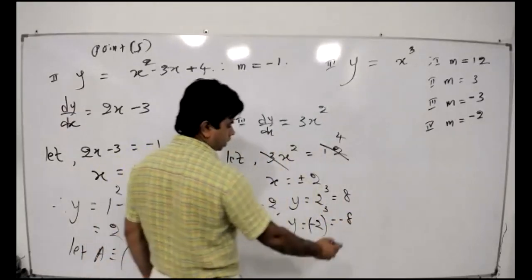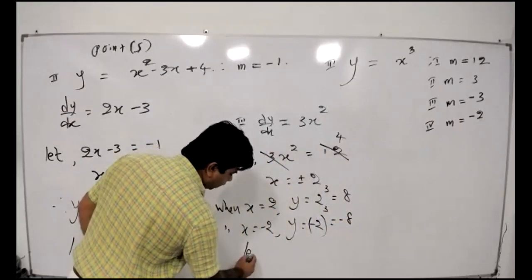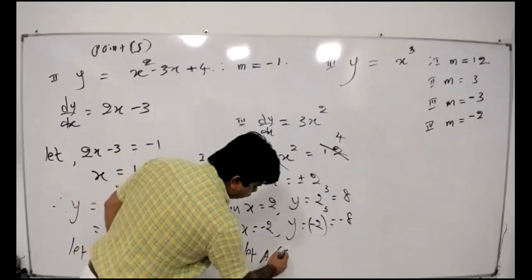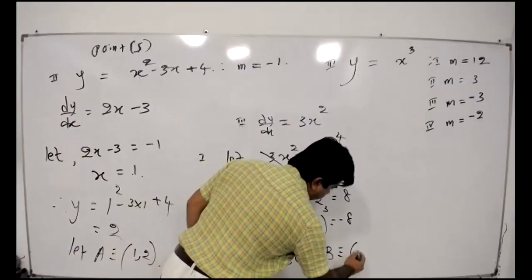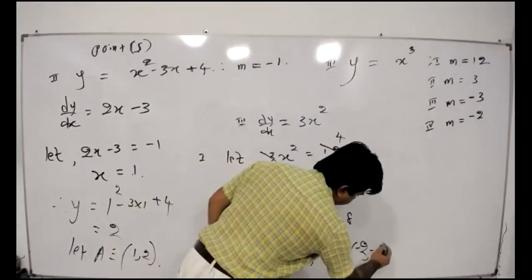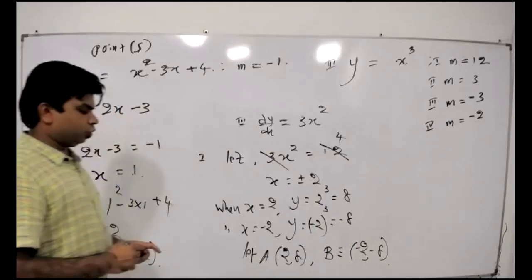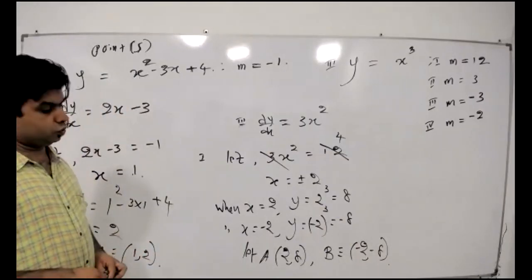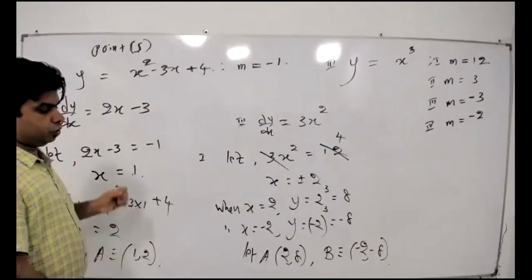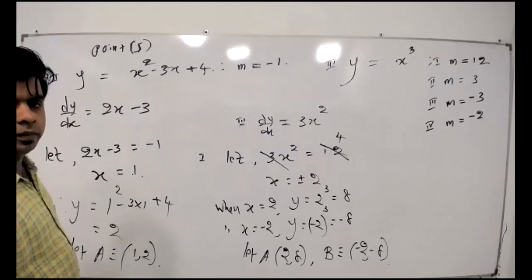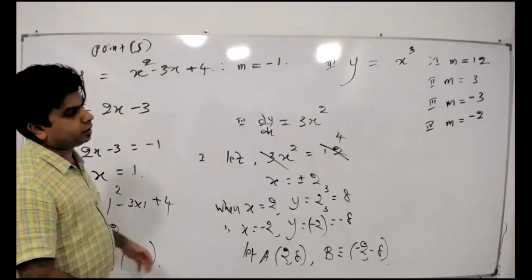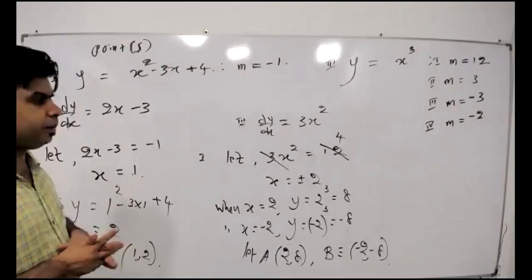Then you can define one point as A, which is (2, 8). The other point is B, which is (-2, -8). Those are the 2 points on the curve. See whether, similarly, how many points you can find for the next 3 parts.